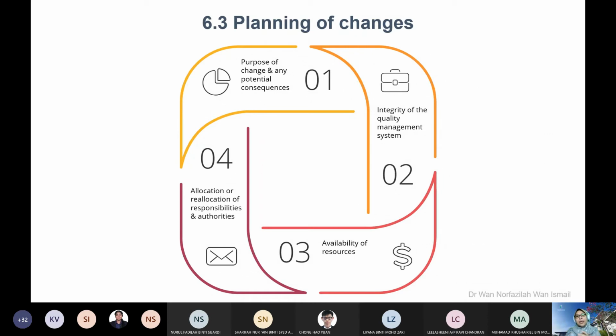It's not just any company that can be certified with ISO 9001, because they need to fulfill every single thing in ISO 9001. And the simplest example here is planning for changes. If you want to change something, for example, I'm giving you an example in the laboratory.